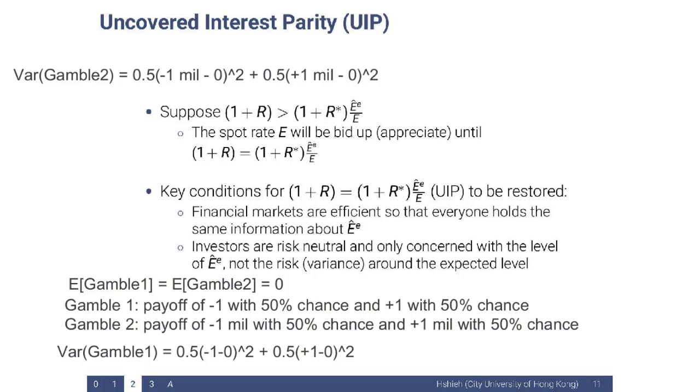The reason why you need risk neutrality is because you need to make assumptions about the investors that force them to restore this parity, right? So if it's violated, why would traders come in to borrow low, invest high, and restore this parity? Well, they need to be risk neutral. They have to care solely about expected value, and nothing else. Okay, that's a sufficient assumption to restore parity.